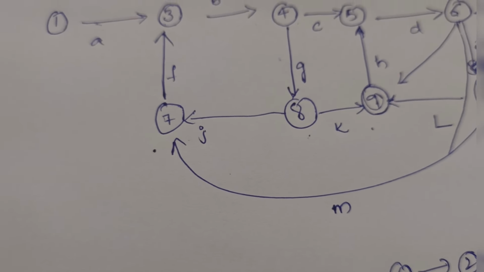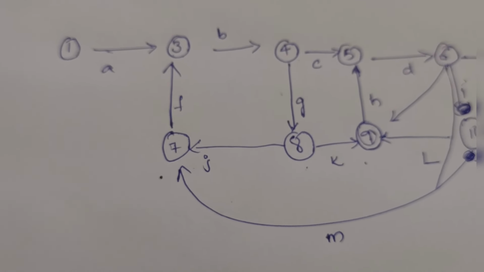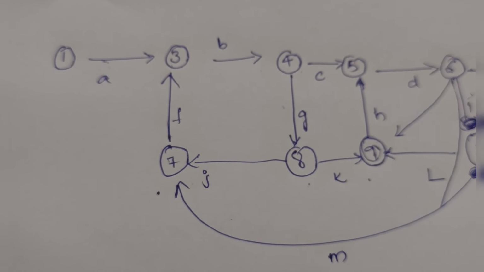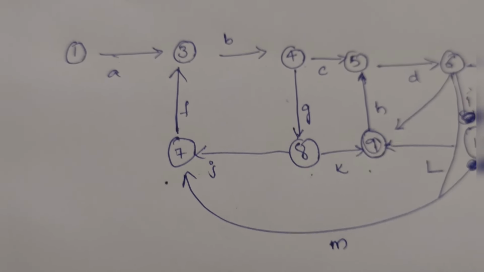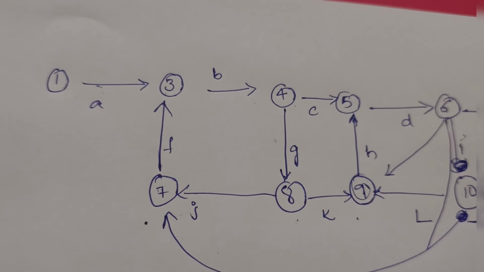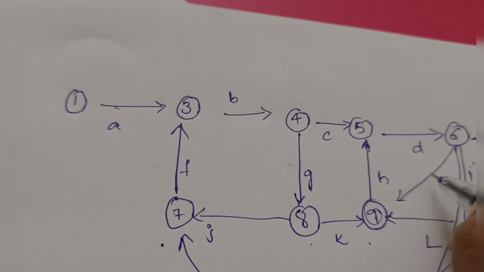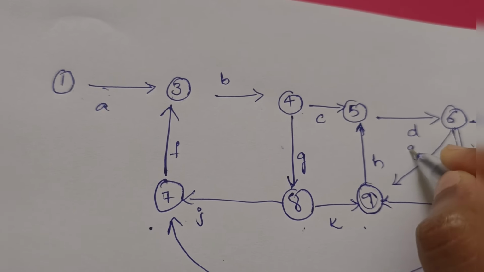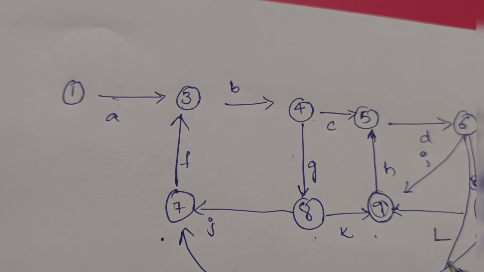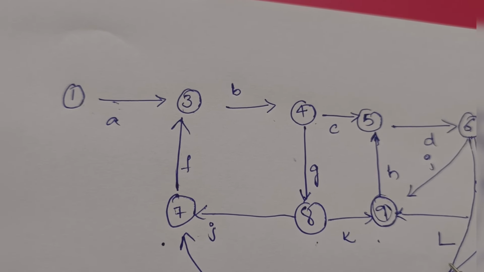We can remove 7 also. A, B, C and D and E. Here we are passing through I. This is I and this is M.